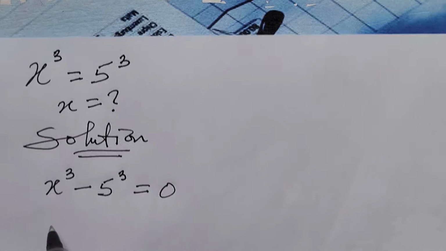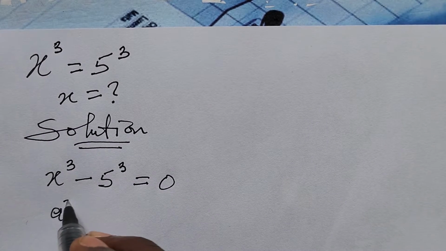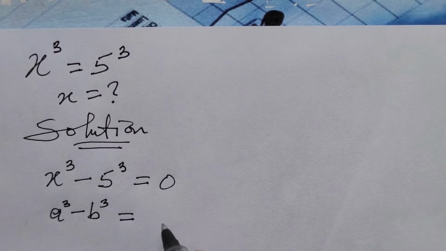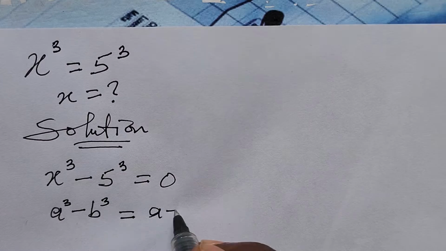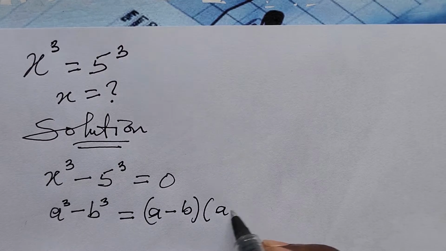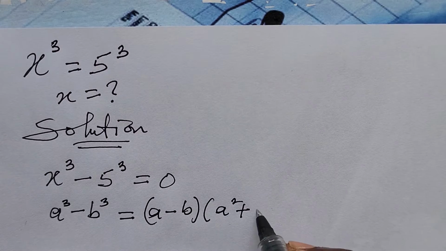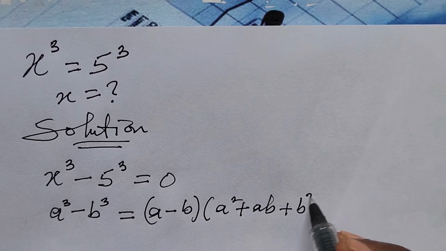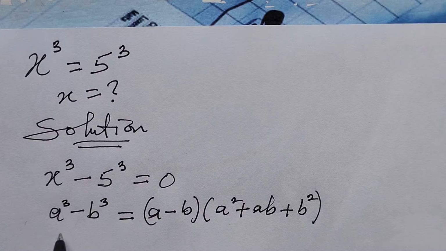It says that if you have a to the power of 3 minus b to the power of 3, this is equal to (a minus b) times (a squared plus ab plus b squared). All right.